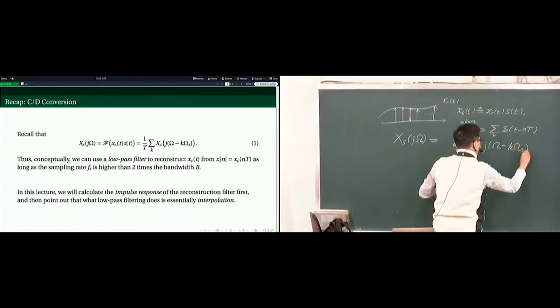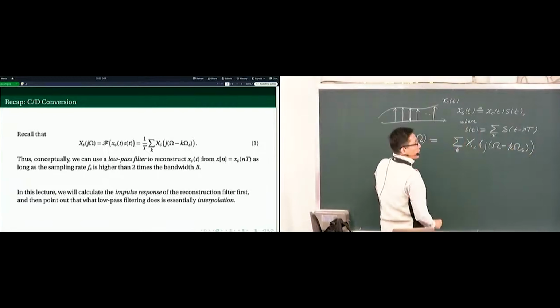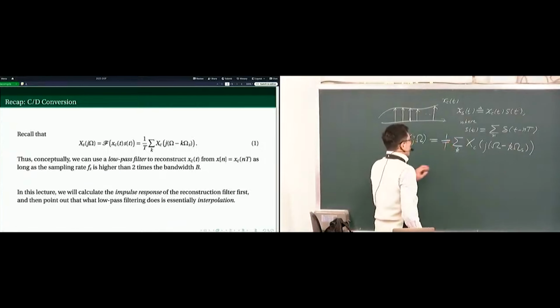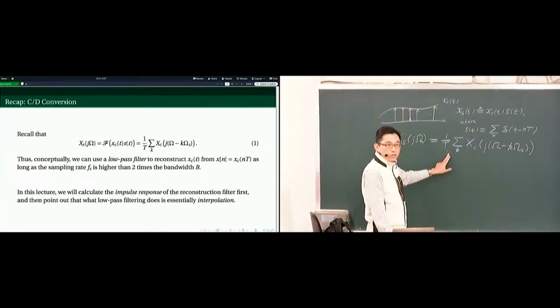And there is also a normalization factor, a scaling factor, I should say, that's simply there. So that's the correct way.